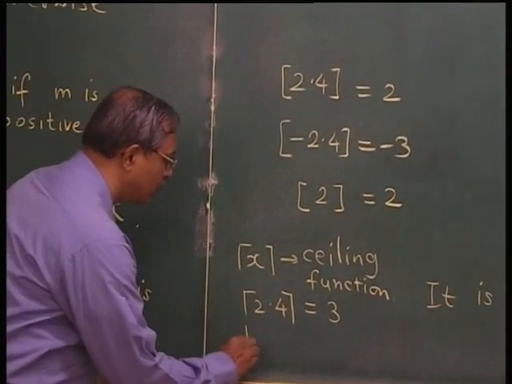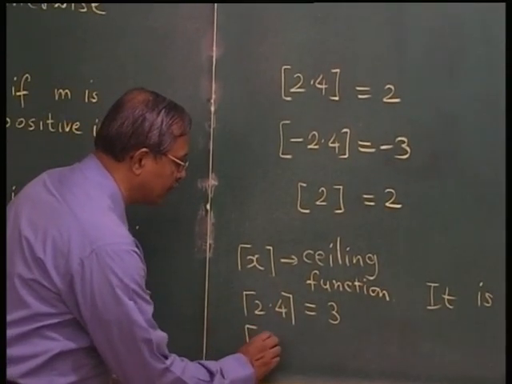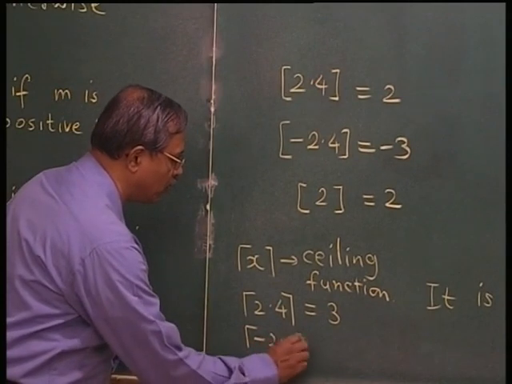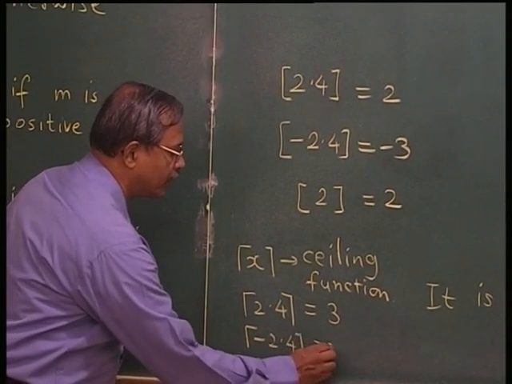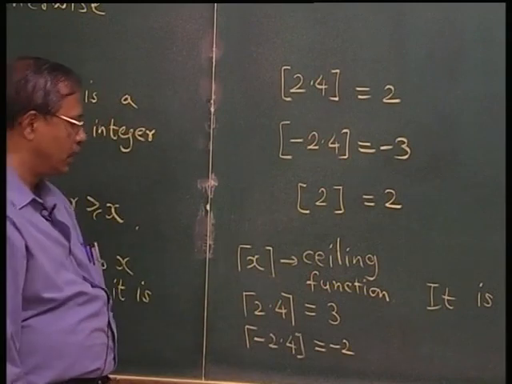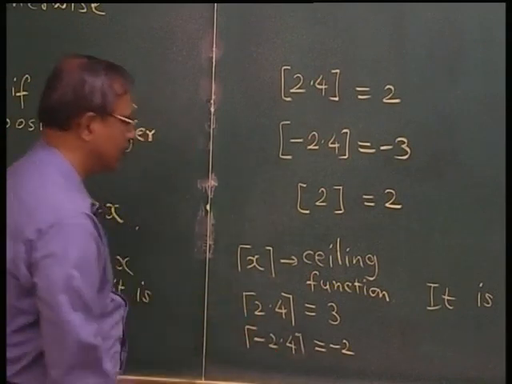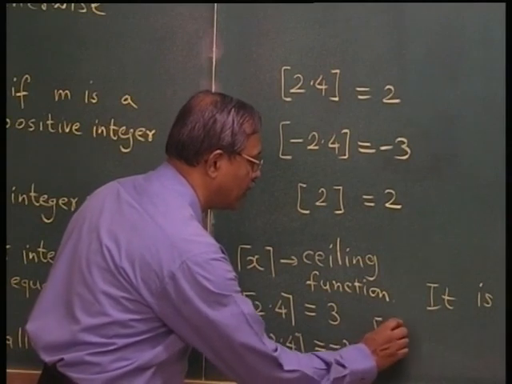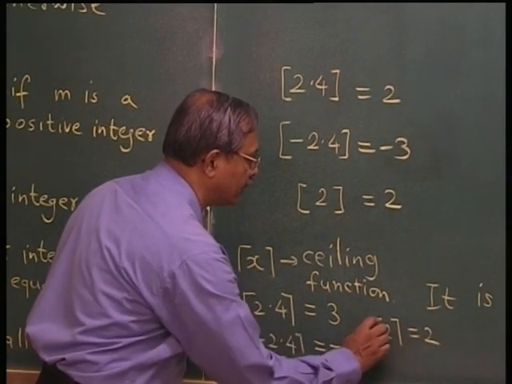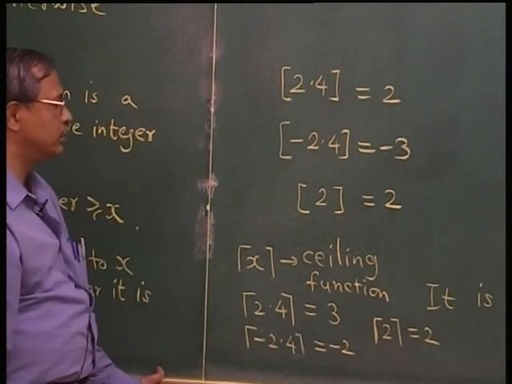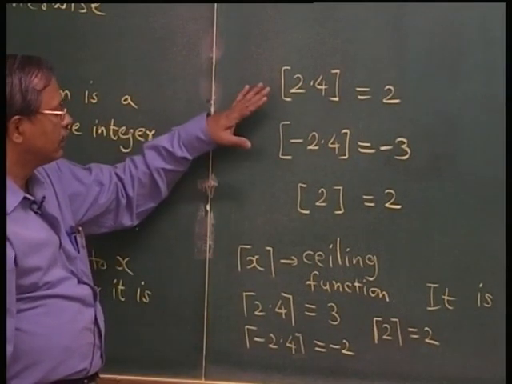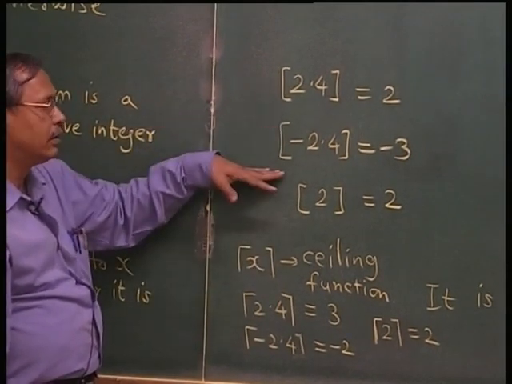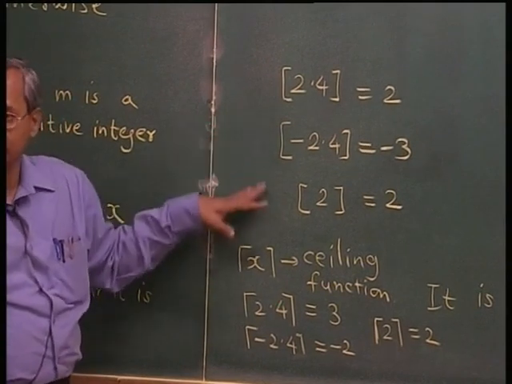Or for minus 2.4, the ceiling function is minus 2. And if I have an integer, the ceiling function is that integer. So this is the difference between the ceiling function and the floor function or the greatest integer function.